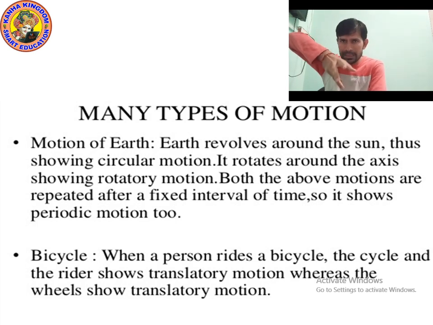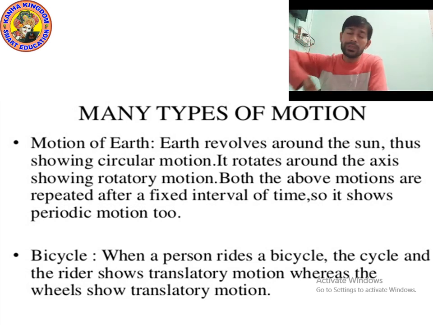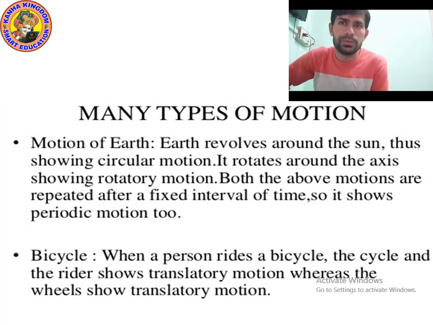When a screw is screwed into a box, it shows both rectilinear motion and rotatory motion, because the screw goes straight and is also moving about its own axis, a fixed point. So we can say it is showing rotatory motion also.